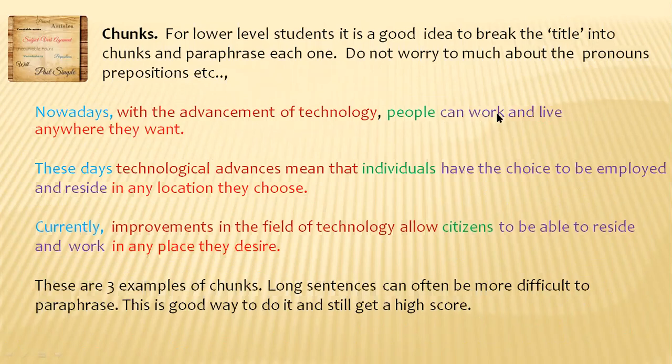So I've changed most of it. So the odd word doesn't really affect you. Remember, you don't have to paraphrase every single word. If you can paraphrase as much as possible, it's good for your score, of course, but you don't have to do everything. So I've left work in here. So anywhere they want now becomes in any place they desire.